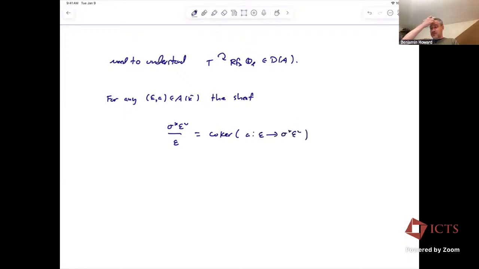Now, because we're assuming that A is injective, this co-kernel is going to be very small. It's going to be a torsion coherent sheaf on X prime, which means it's supported at finitely many points. So it has a support divisor.